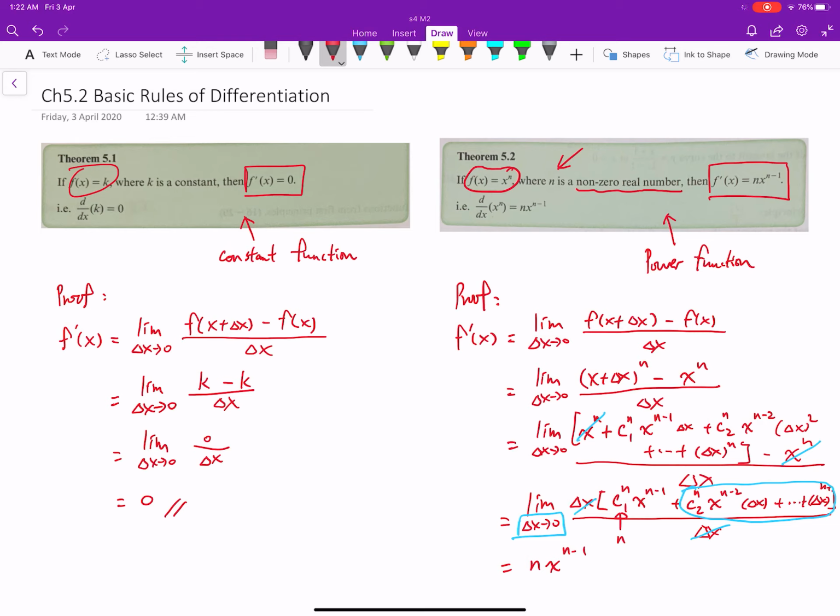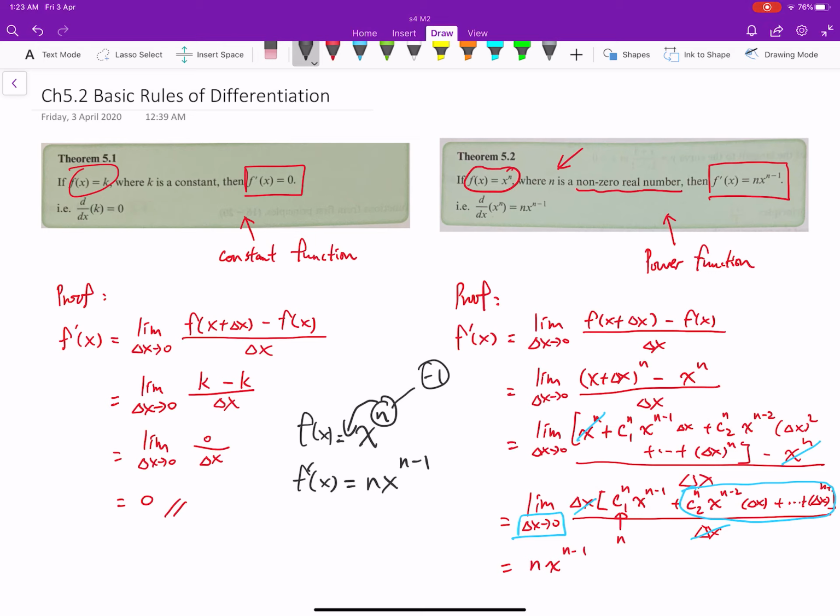So how do we remember this one? When you want to differentiate x to the power n, you look at the index and put it in front of the term. So you will get n x, and then you minus 1 from this n, so it becomes n minus 1.